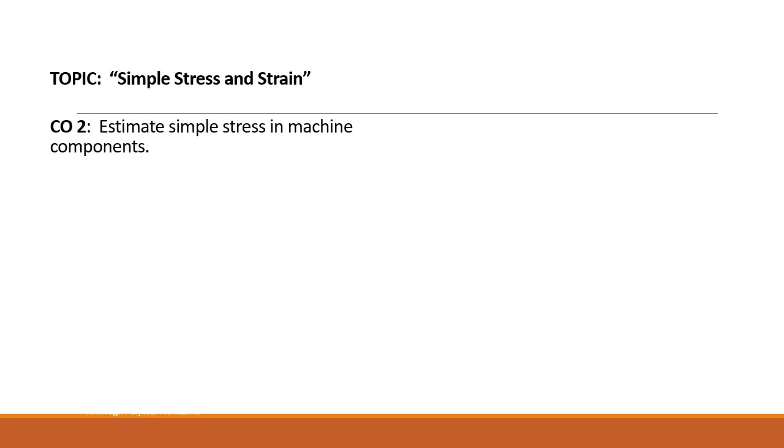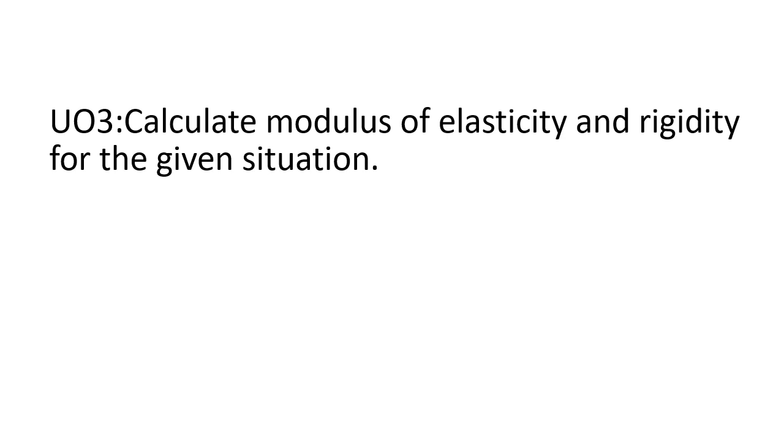Today's topic is simple stress and strain, and its course outcome is estimate simple stress in machine components. Under this, we have to learn unit outcome number 3: calculate modulus of elasticity and rigidity for the given situation.